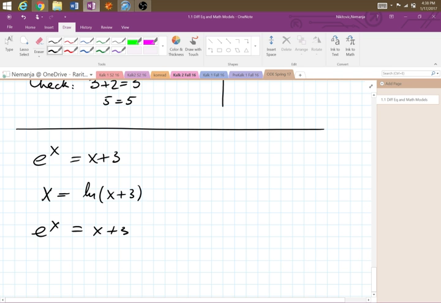The only way to solve this problem is to graph it, and if they intersect, those are your solutions. So you know that the graph on the left is exponential function that goes through 1. And on the right, you have a linear that goes through 3.